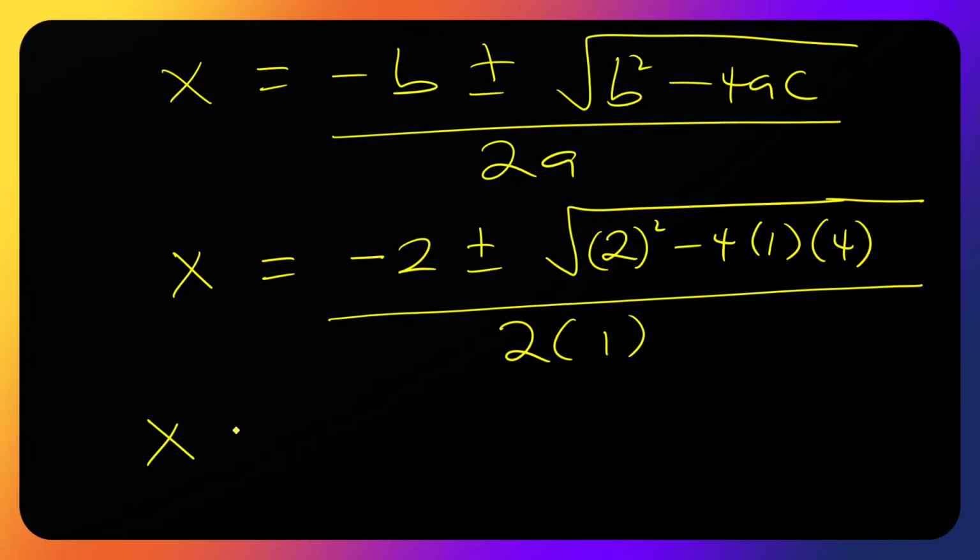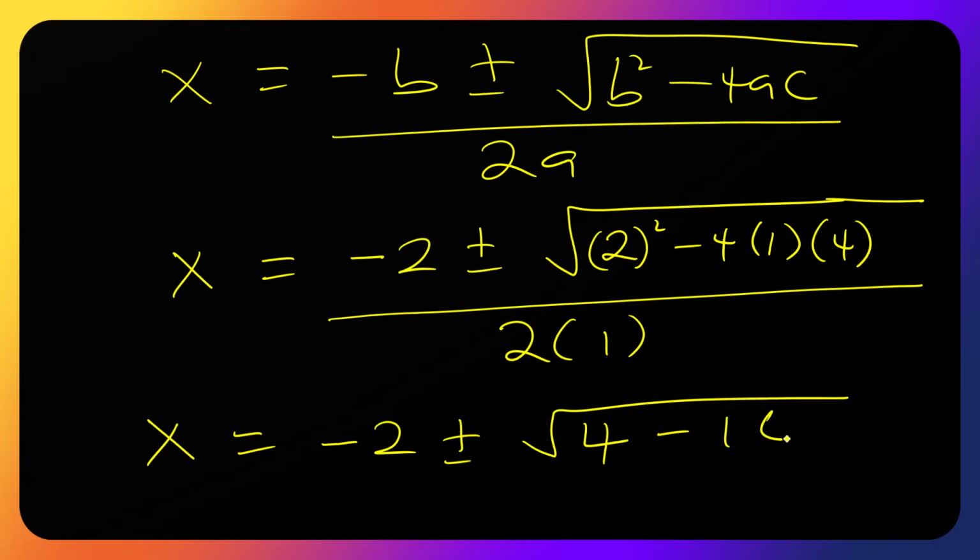So we have x equals minus 2 plus or minus the square root of that. This side is 4 minus 16, on 2.